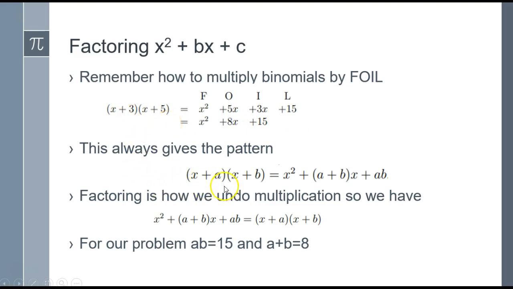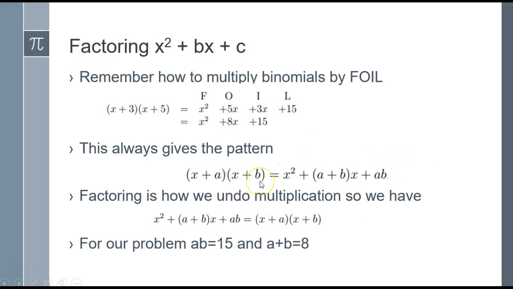So the general pattern, regardless of what our numbers are at the end, and the a and b can be negative also, is we had this x plus a times x plus b. That middle term became the a plus the b times the x, and the end term is a times b. So if we want to deconstruct that, we want to go backwards.